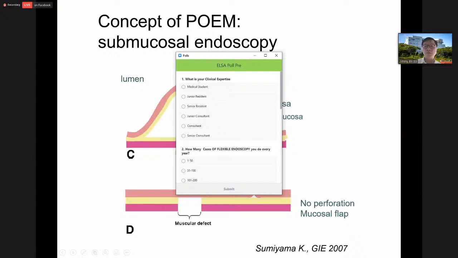Once you create a space in the submucosa, you can then perform any procedure, any surgery, at the muscle layer. And once you close the mucosal defect, because of this mucosal flap, there will be no full-thickness perforation. And this is what we call the concept of submucosal endoscopy.